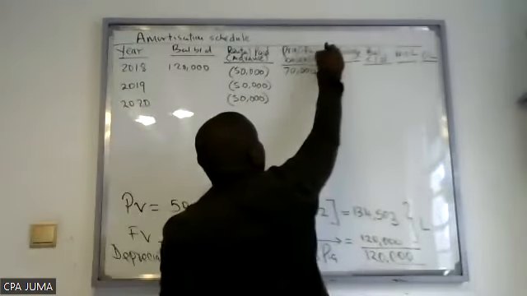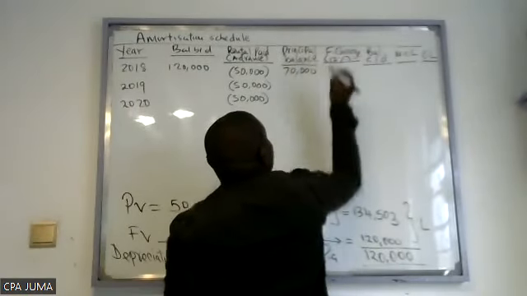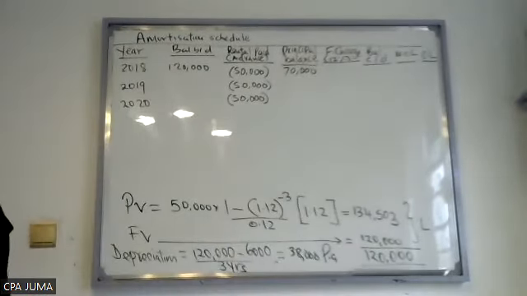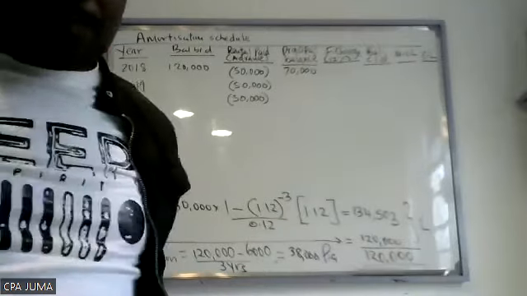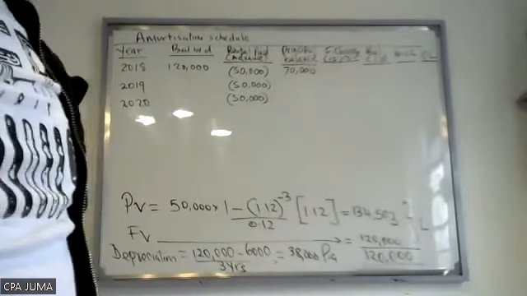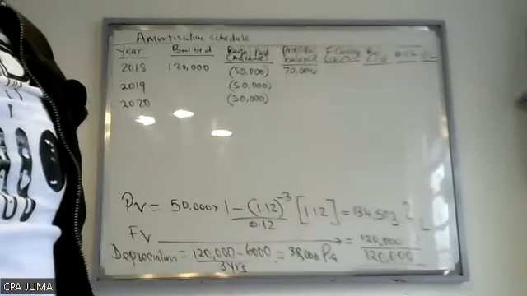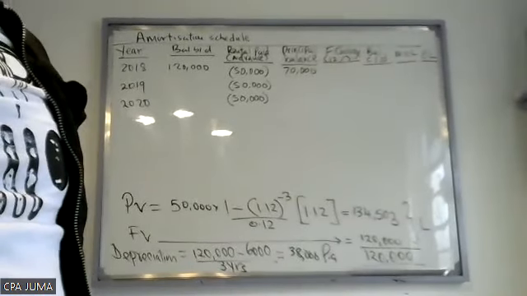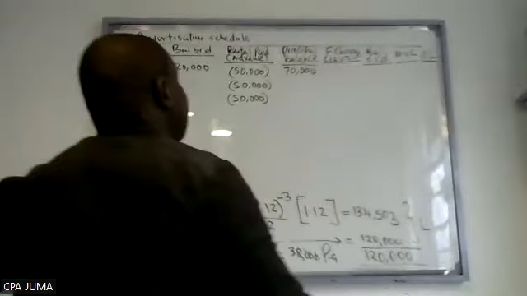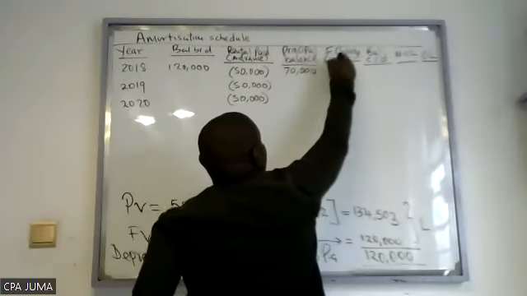Interest is 12%. So 70 by 12, that should be 84. Wait, what is 12% of 70,000? 8,400, yes. 8,400.